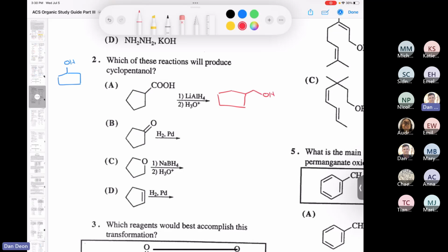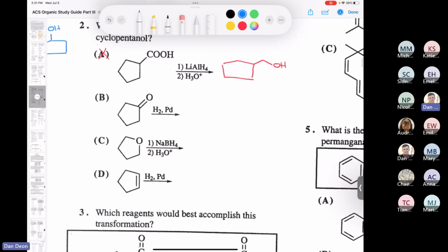So you end up with an extra methylene or CH2 group on it. So that's not the correct answer. What about B? Would B work? Yeah, B is totally going to work, isn't it? Right, when you reduce this ketone with hydrogen, you're going to end up with cyclopentanol. And so that would be the correct answer.